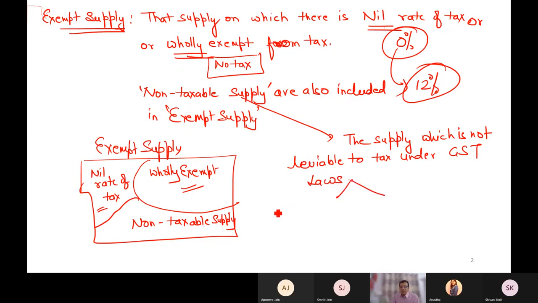One is permanently not leviable, which is alcoholic liquor for human consumption.